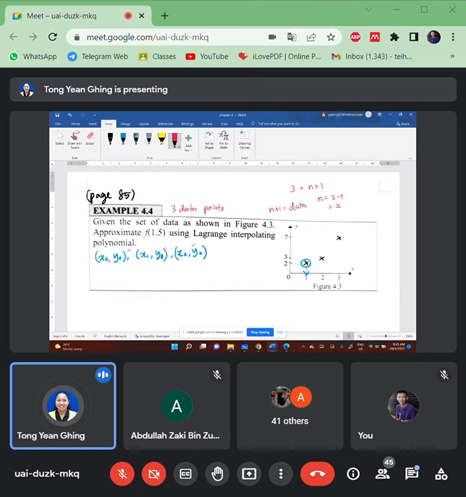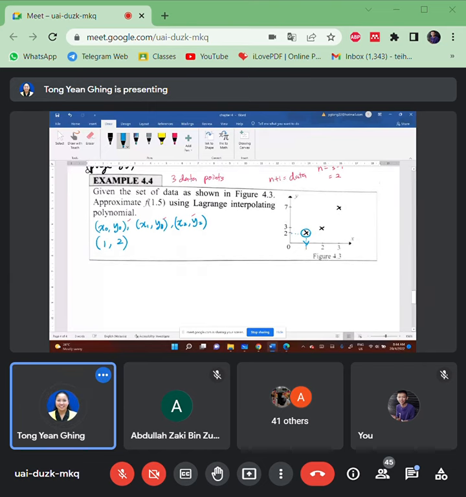The first data point here, based on this one, x is 1, y is 2. If you want to make a table, you can also do it in a table. Let's say I draw it in a table.